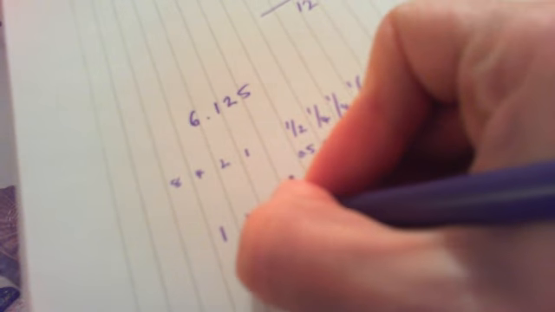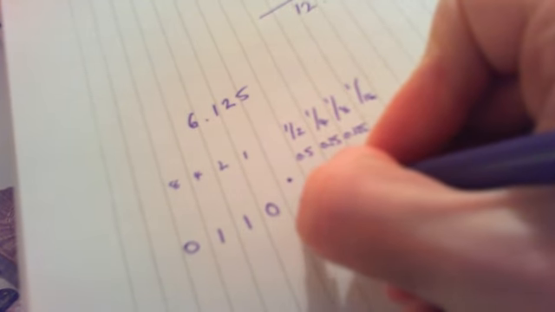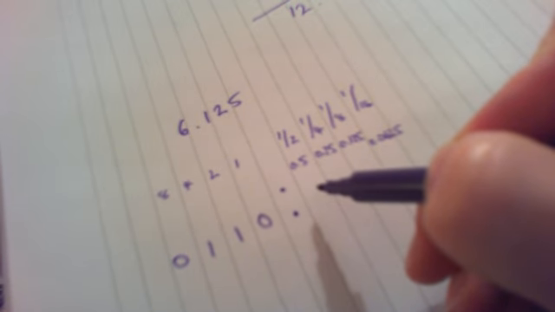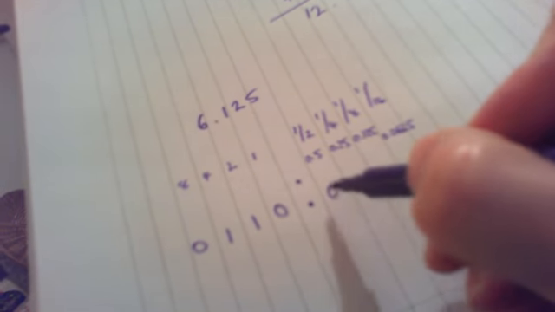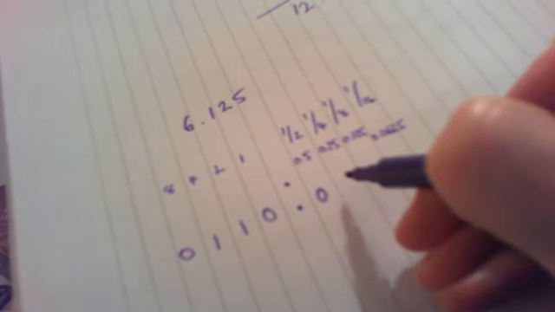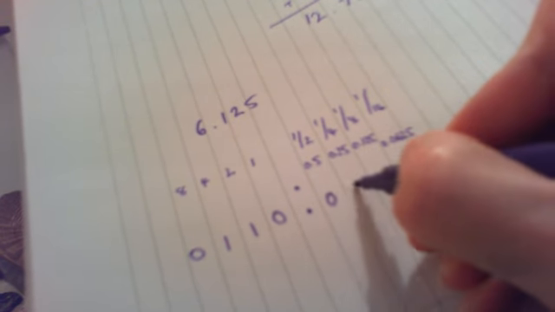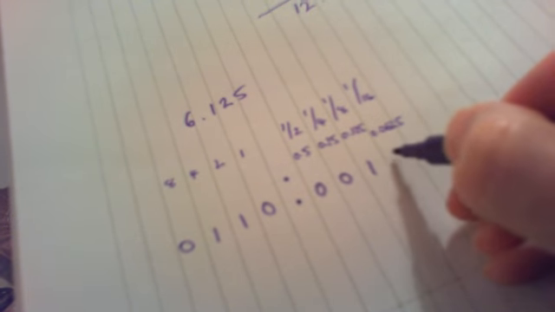Now the 6, that's easy enough. We've got one lot of 4, one lot of 2. But what about the 0.125? Well, that's quite simple, because 0.5 is too large, 0.25 is too large. 0.125, one lot of those.